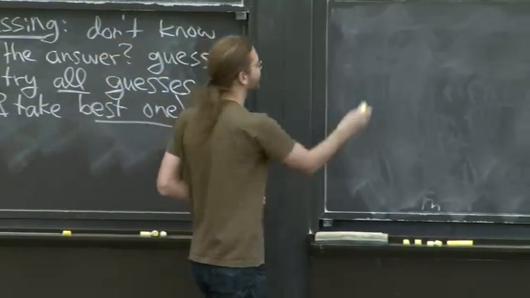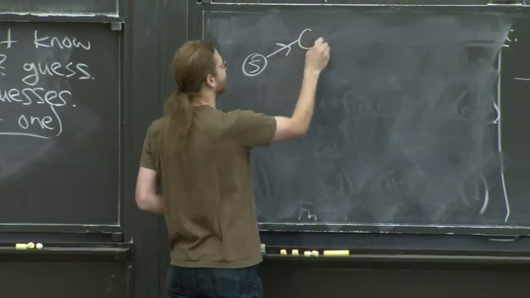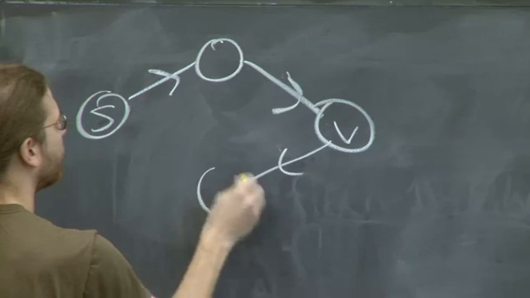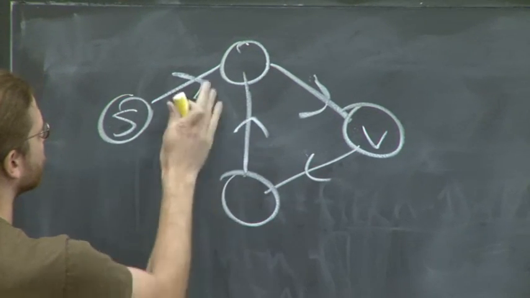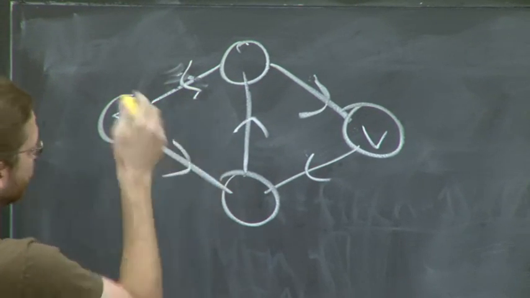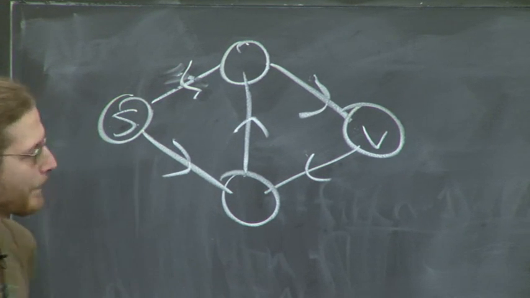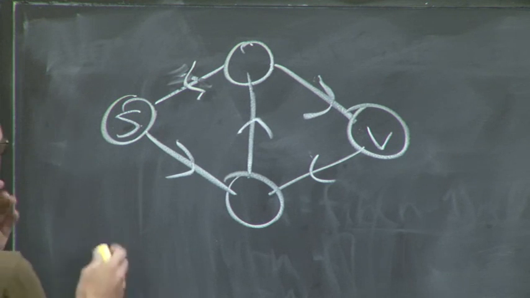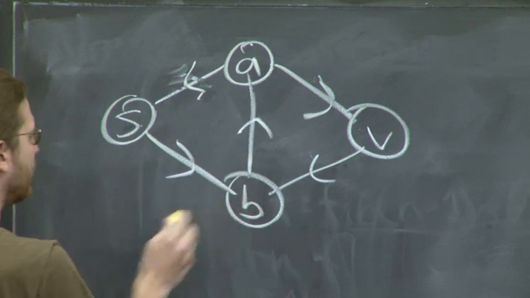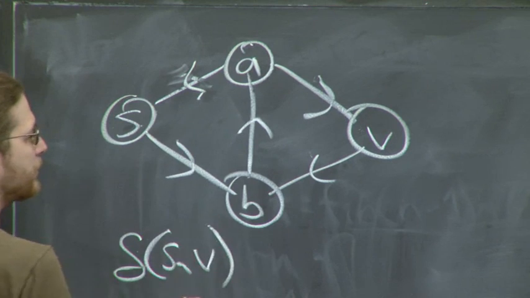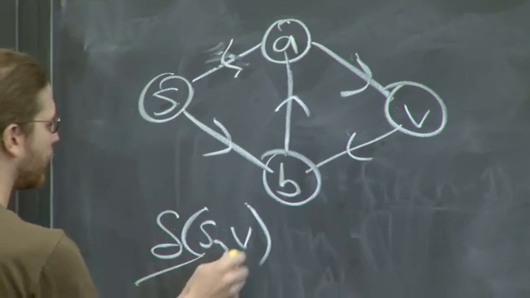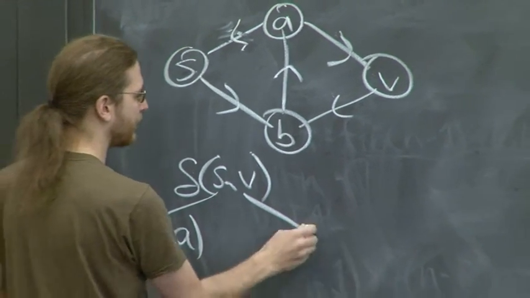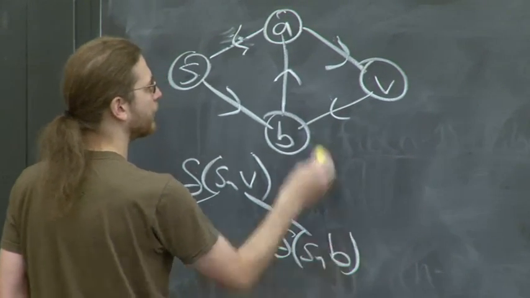Let me draw you a graph. Something like that. So if we wanted to compute delta of S comma V, let me give these guys names A and B. To compute that, we need to know delta of S comma A and delta of S comma B. Right, those are the two ways.